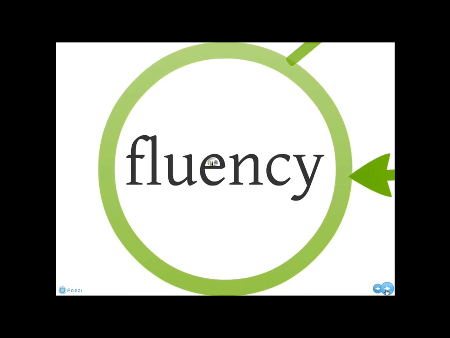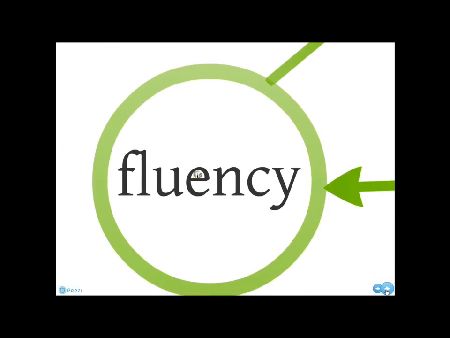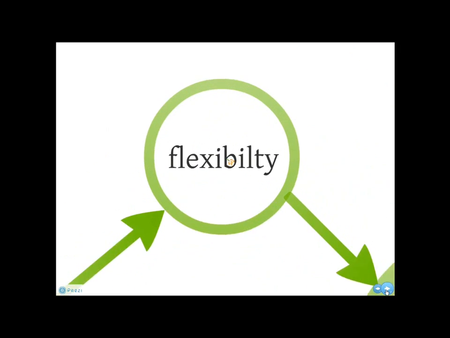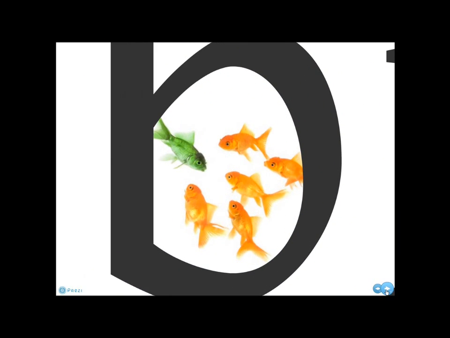Fluency focuses on the number of ideas produced to an open-ended question. Flexibility is described as the difference between those ideas. So, say you produce 10 ideas, how similar are they, or how different are they?